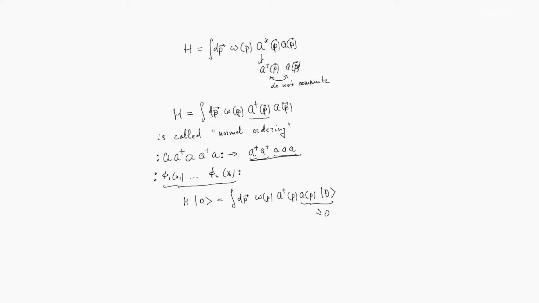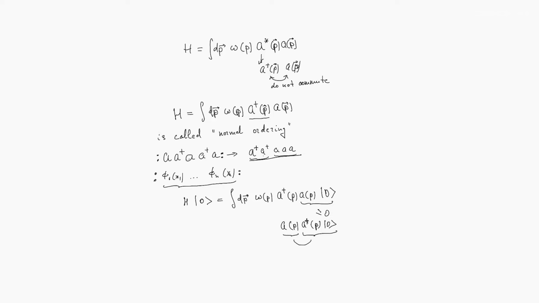On the other hand, if you write the Hamiltonian in the opposite way, if you assume antinormal ordering, for instance, where you put a dagger to the right, then in fact your Hamiltonian will create first a one particle state out of the vacuum, and then you will be annihilating this one particle state by means of operator A. And as you see, in order to compute the result of this action, you would need to commute A of p through A dagger of p, which will result into the delta function at zero, because it would be delta function of p minus p.